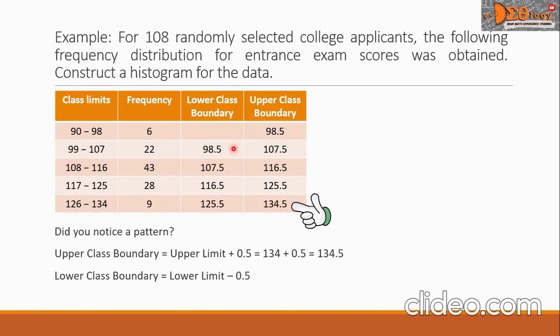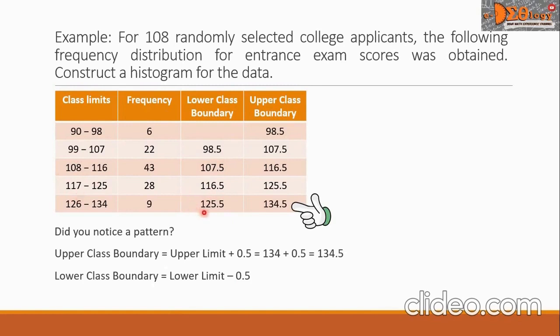So you see, this is 99 minus 0.5 will give 98.5. Also, this 107.5 may come from 108 minus 0.5. This 116.5 comes when we have 117 minus 0.5.